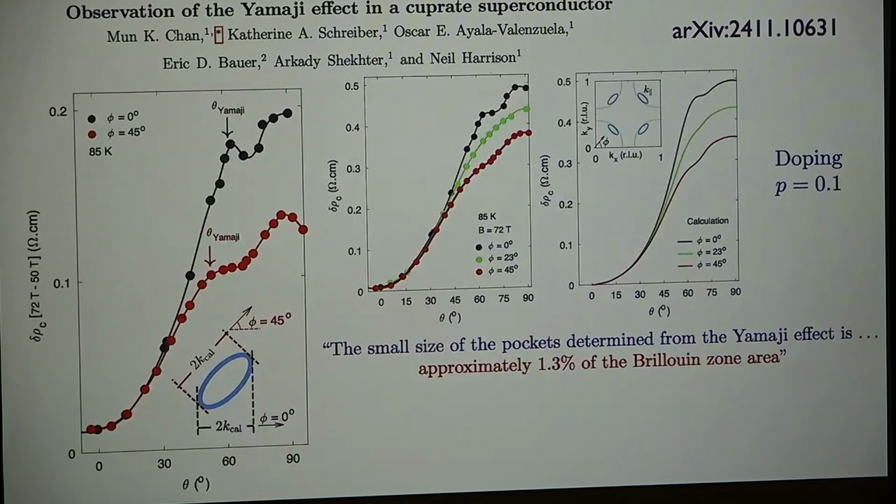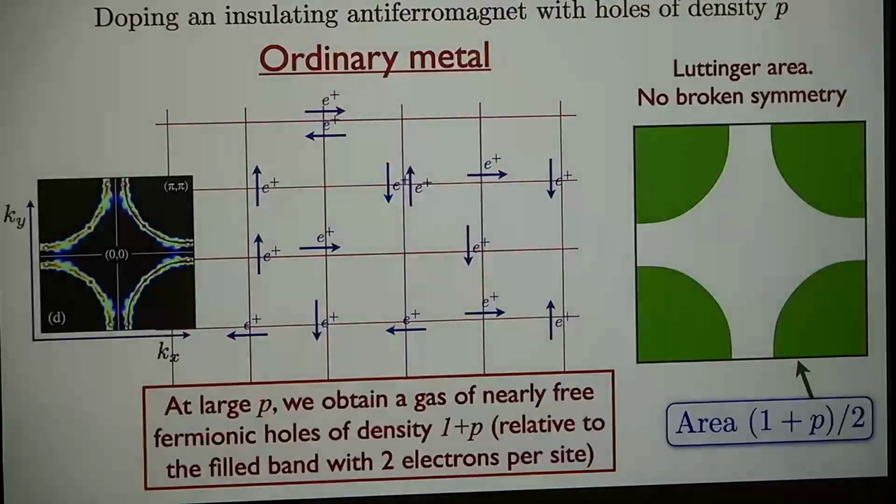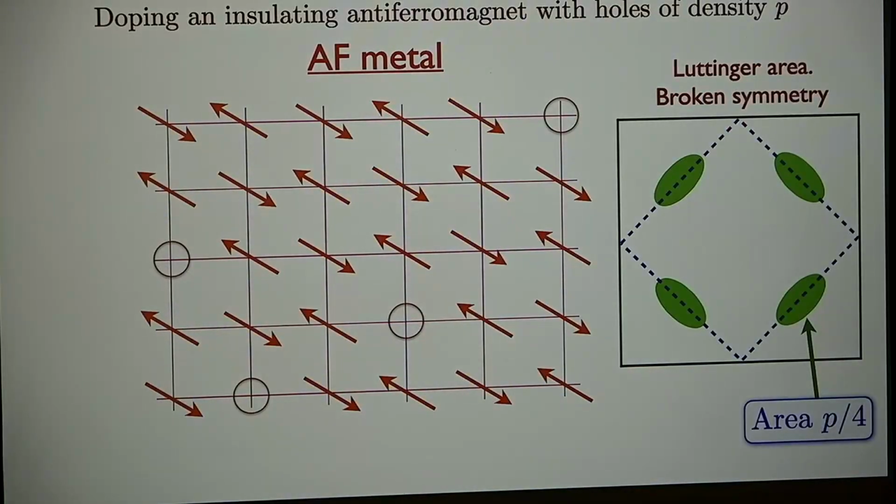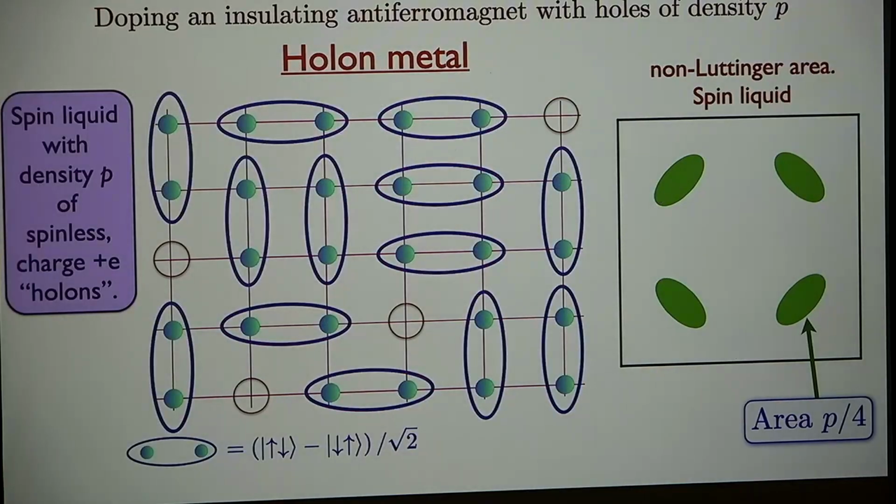Okay, so why is the spin liquid different? Now let's do an honest, or at least not so honest, a cartoon calculation of the type Leo wanted. So let's disorder the antiferromagnetism. What are the spins going to do? They're going to form singlet bonds. So this is now a spin liquid state with some empty sites.